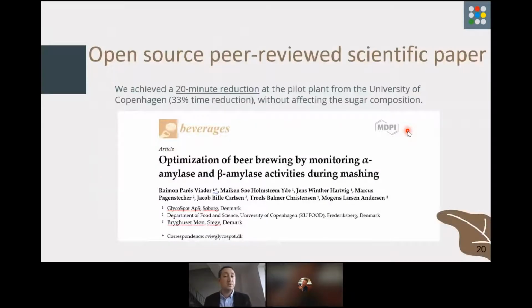We continued this research in recent times, and we were able to go more ambitious when it comes to time reduction. In this case, we achieved the 20 minutes reduction. And because the total time of operation originally was 60 minutes, that accounts for 1/3 of the time in terms of reduction.